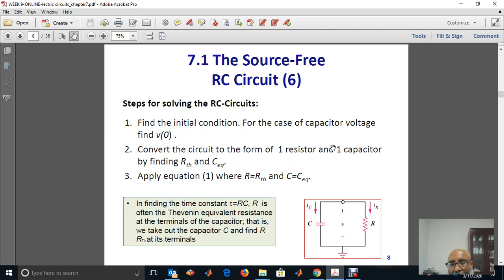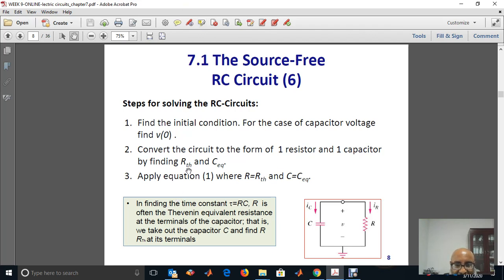Now, how to solve an RC circuit? That means how we find the voltage with respect to time or the current with respect to time. Okay, so steps to solve the RC circuit. First, we need to know the initial voltage of the capacitor, which is V naught, and we will convert the circuit to one equivalent resistor and one capacitor.